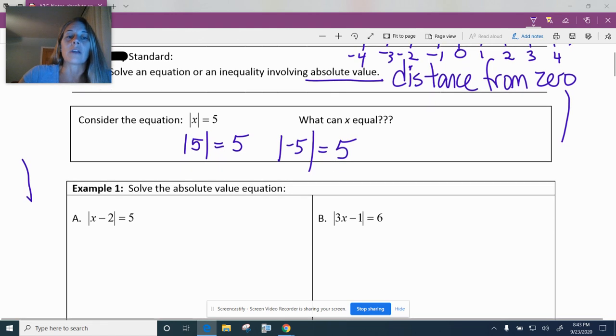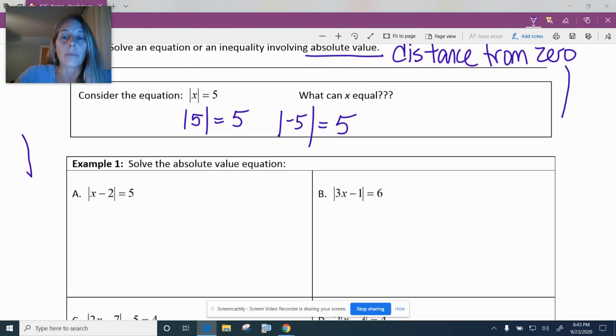So when we go to solve an absolute value problem, we have to remember that whatever's in those bars could have been 5, or whatever the number of units is away in one direction, or it could have been that same distance in the opposite direction. Even though it's not a negative distance, we have to account for the two different directions that we could be measuring.